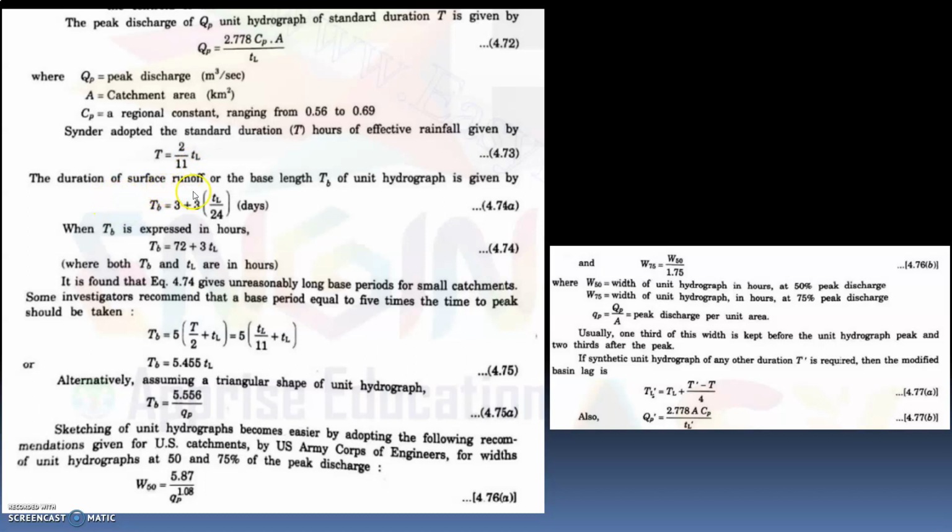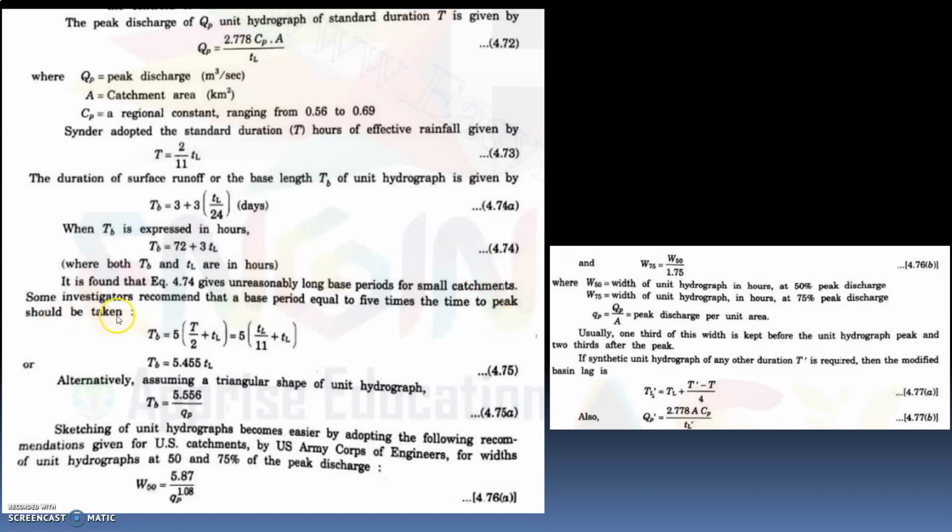The duration of surface runoff or the base length TB of unit hydrograph is given by TB is equal to 3 plus 3 into TL divided by 24 days, where TB is expressed in days, so it is given by TB is equal to 72 plus 3 into TL, where both TB and TL are in hours. It is found that this equation 4.74 gives unreasonably long base periods for small catchments.